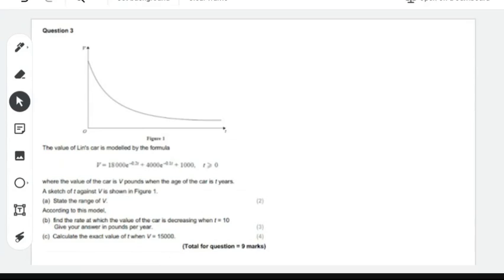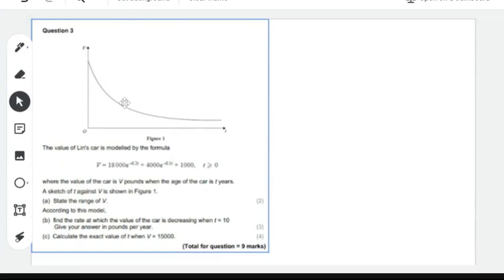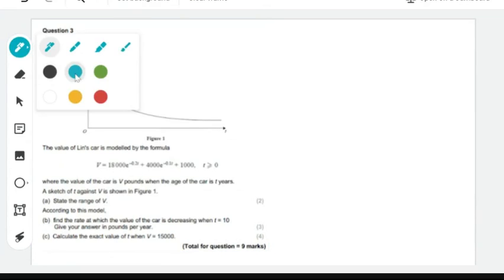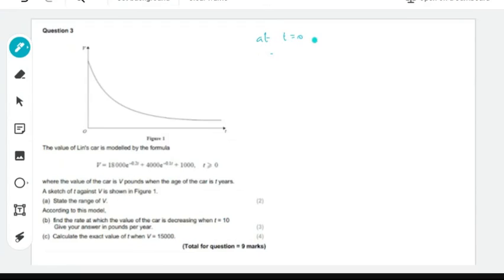So if you put in T equals 0, what is that? You have e to the power 0, e to the power 0, that's 1. 18,000 plus 4,000 is 22,000. So at T equals 0, V equals 18,000 e to the power of 0 plus 4,000 e to the power of 0 plus 1,000.